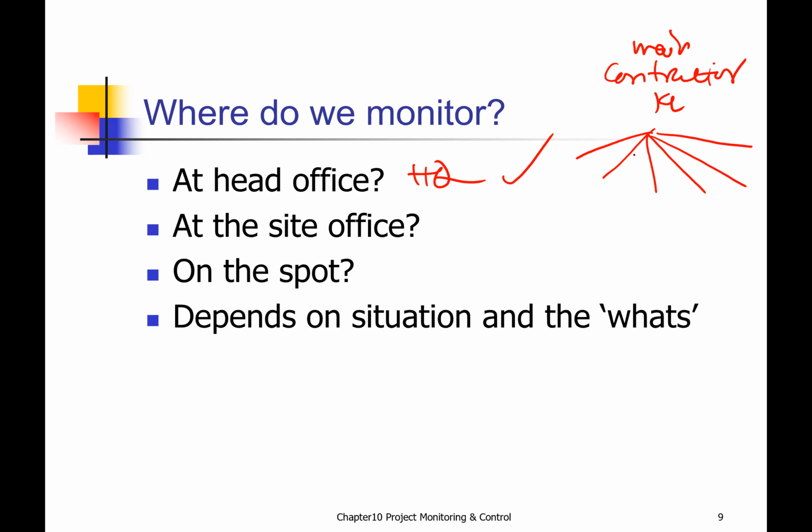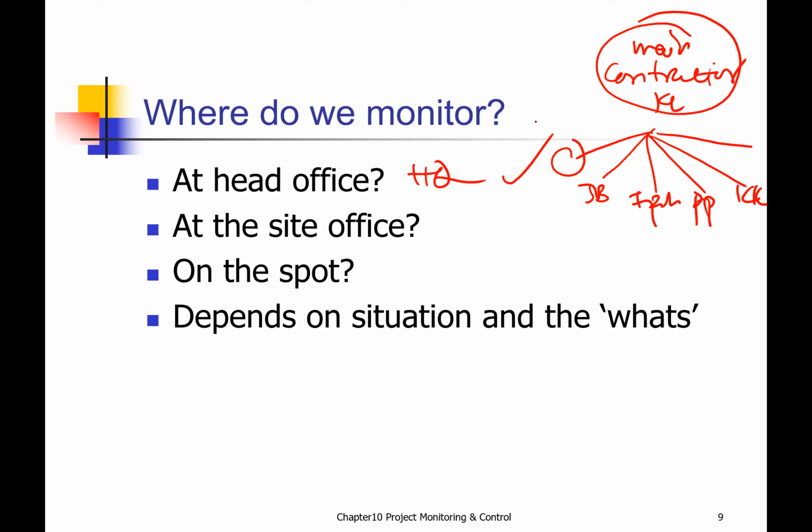If you're a big company, you could get projects in JB, Ipoh, Penang, Kuching, KK, whatever. People in the headquarters, especially the boss, always want to know the status of the project from their side. So the project people have to report to the headquarters.